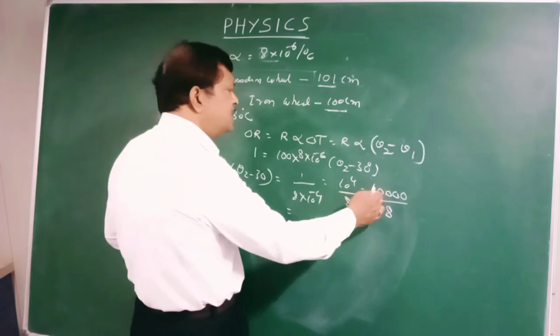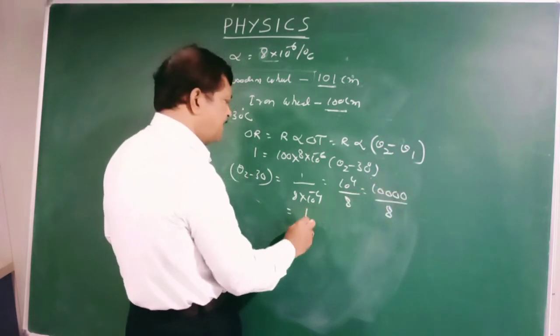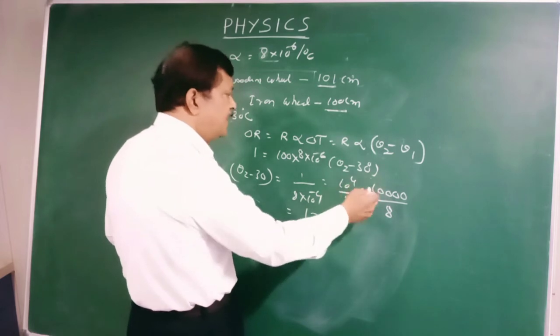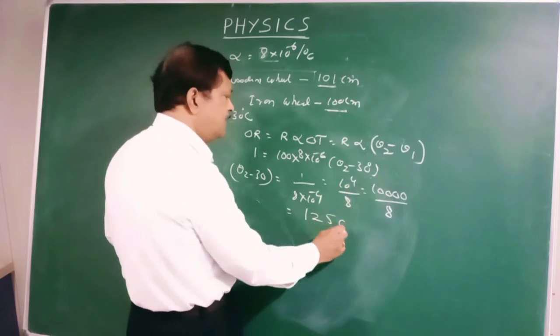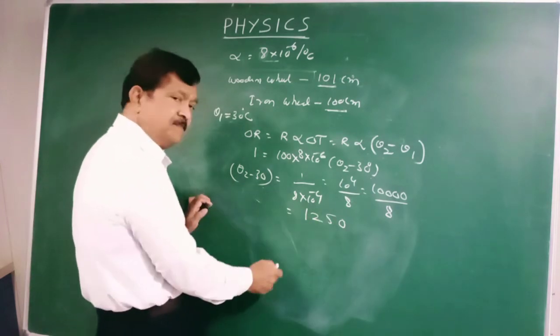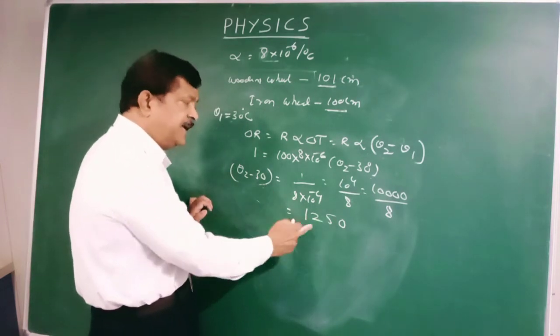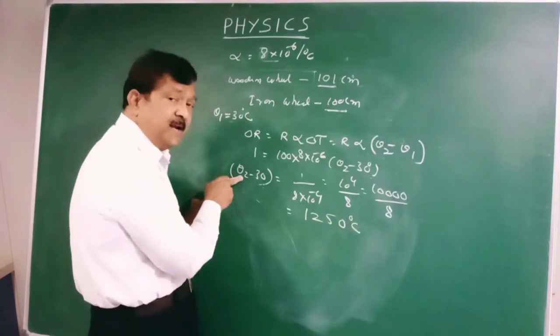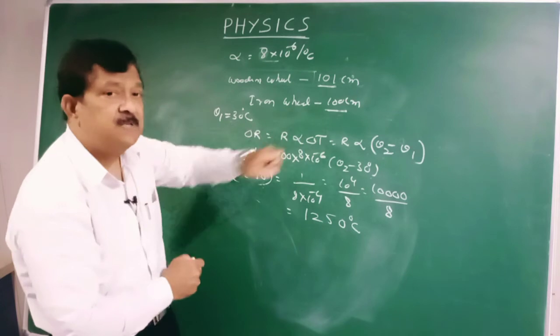So let us find out its value. 10,000 by 8 is 1250. So 1250 is the change in temperature. Theta 2 minus 30 is 1250 degrees centigrade. But I want the final temperature up to which the iron tire must be heated.